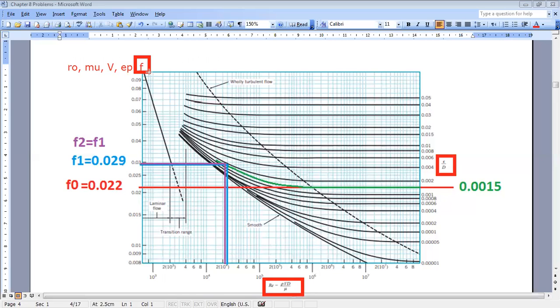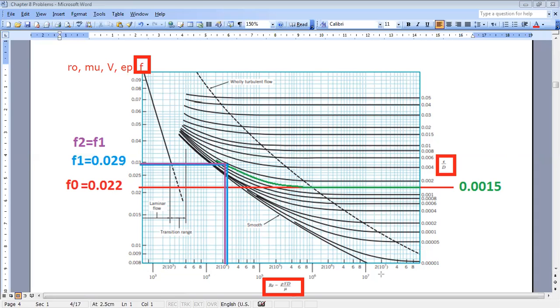And experimentally, what they did, they varied. For example, you can fix, let's say, 2 parameters and vary the other. And at the end, when doing several experiments, you can come up with several curves. These curves, when you put them together, represent what we call the Moody chart.